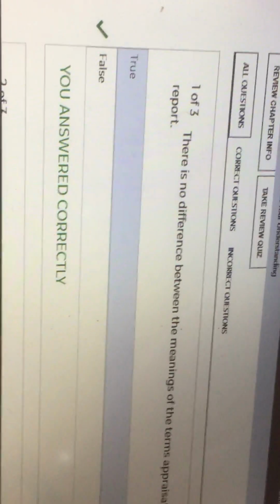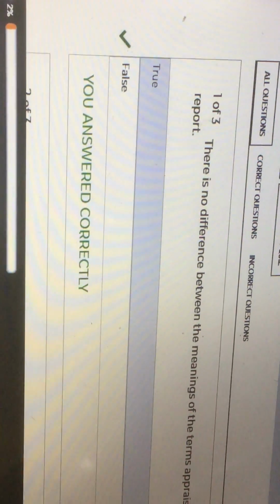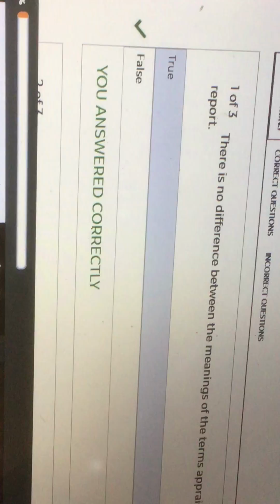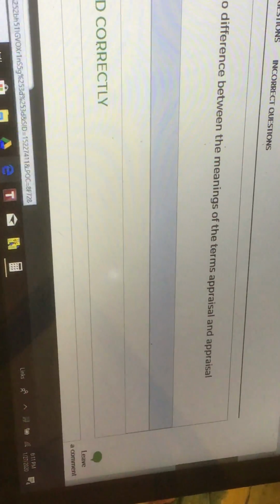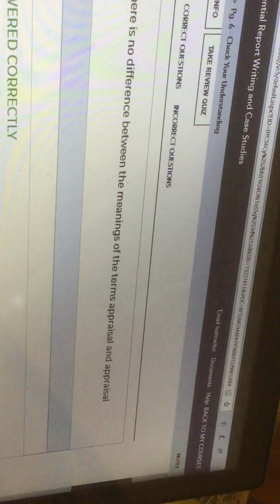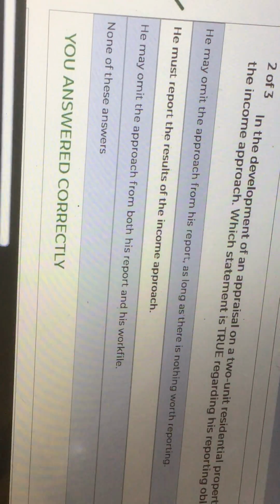Question 1 of 3. There is no difference between the meanings of the terms appraisal and appraisal report. I put false. You answered correctly. Question 2 of 3.